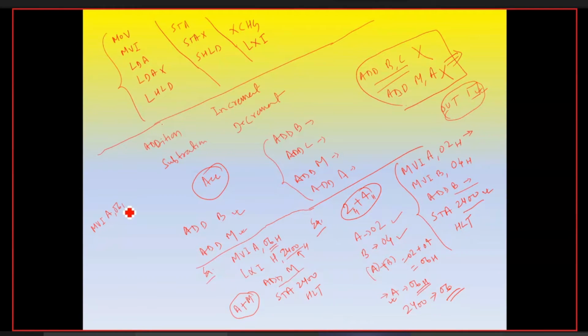Not possible right now, because then we cannot move that number to M. So this is the functioning of add M. We have to enter manually some value at this location, that is M. And this is add B or add C, add D. अगर ये add C होता, then यहाँ पे क्या लिखते हैं? MVI C 04, add C. Any confusion?